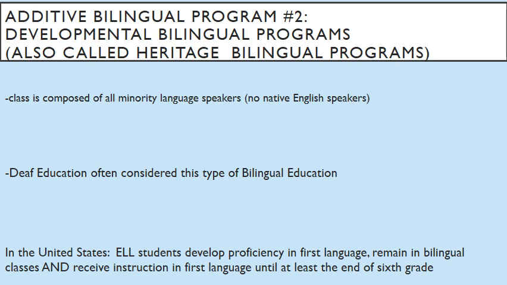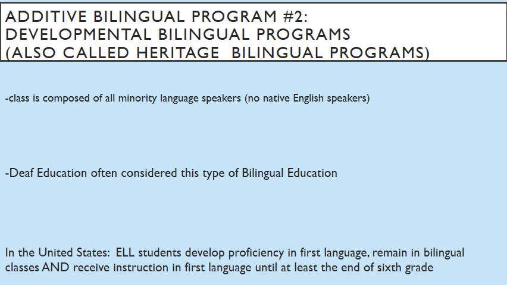So with developmental bilingual programs, the class is composed primarily or almost completely of minority language speakers. So in the United States, it would be all English language learners in the classroom. So that's the main difference between dual language programs and developmental programs.